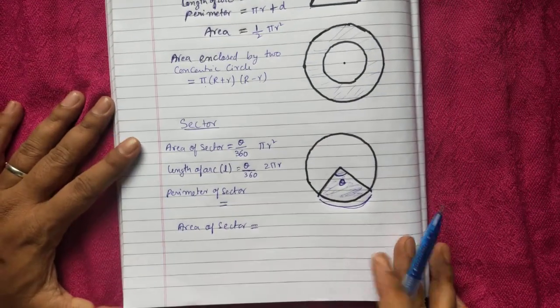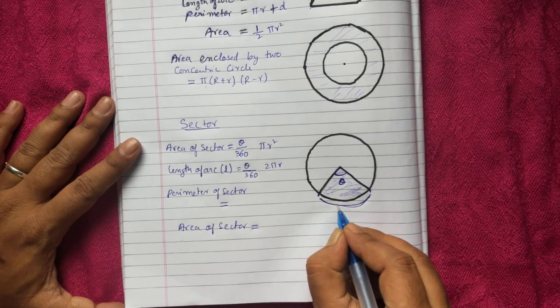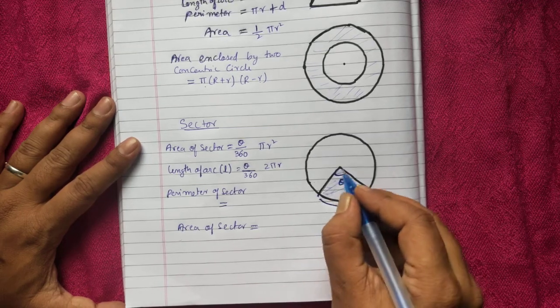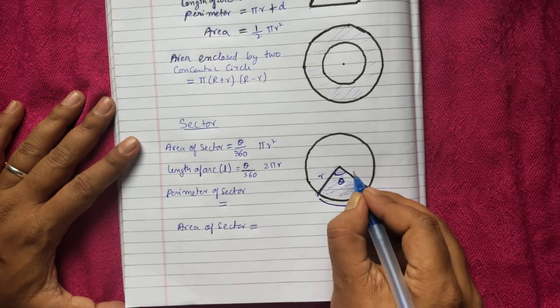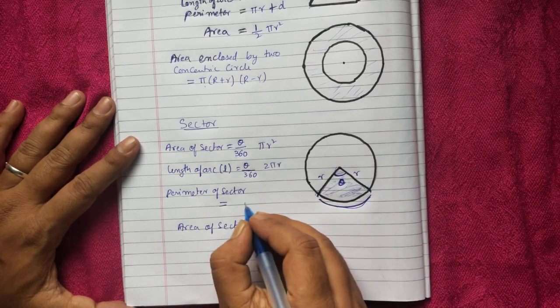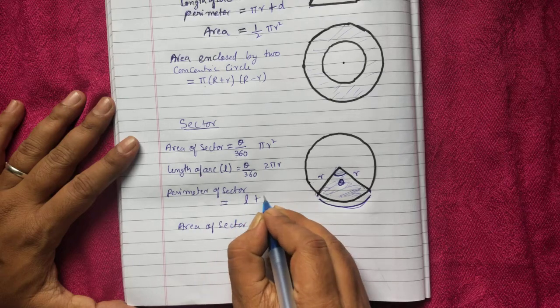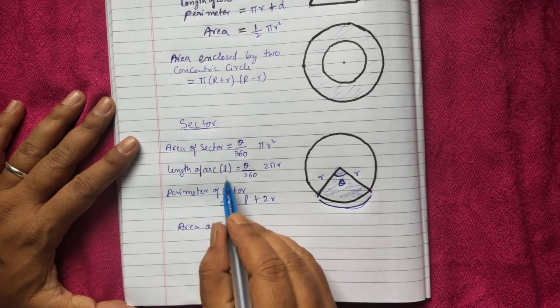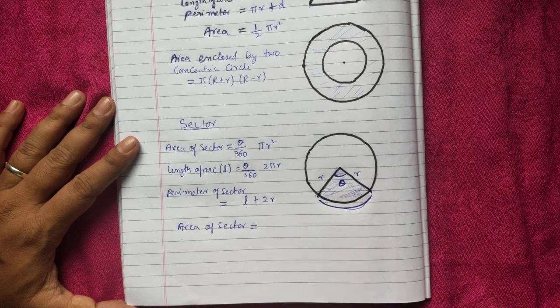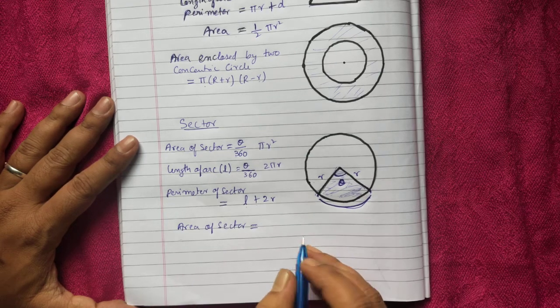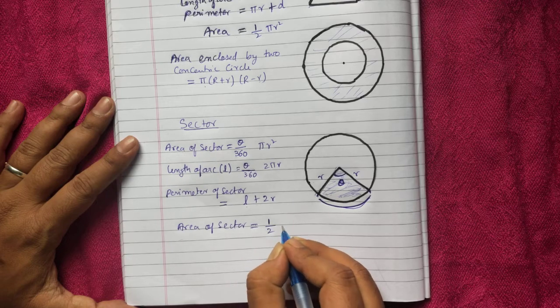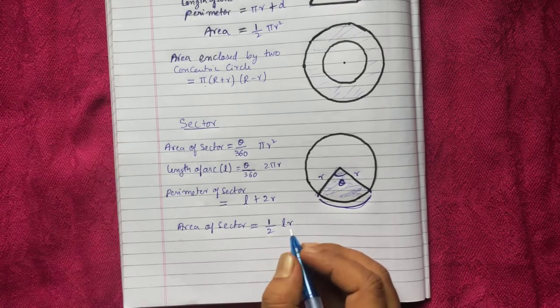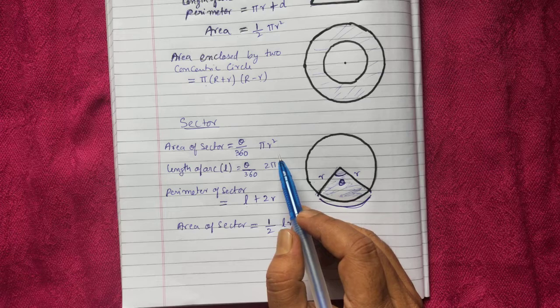When we say perimeter of a sector, you have to add this length of arc plus this plus this. This is a radius, this is a radius. That means you're going to add L plus 2r, where length of arc is L. There is also another formula of area of sector, half L R, but we don't use this too much. We'll be using mostly theta by 360 pi r square.